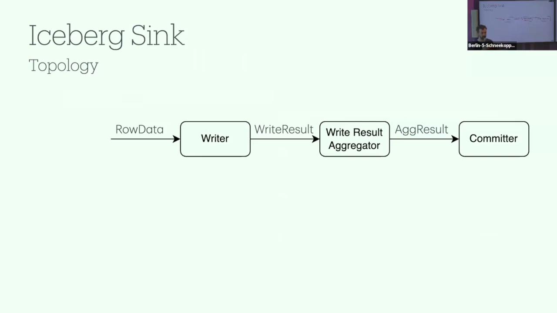Row data is Flink's data structure, and you send that to the writer tasks, or subtasks in Flink, basically workers who write the files. Each writer emits a write result, which is aggregated at a single worker and then sent downstream to the committer, which also runs in a single worker.